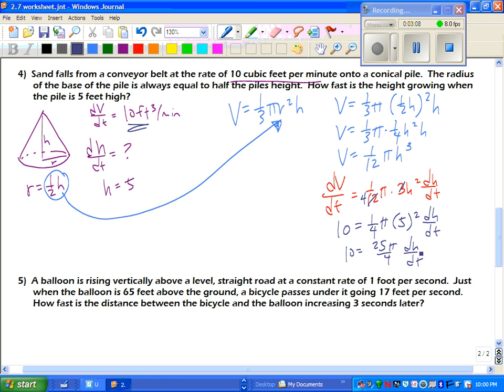So in order to go ahead and solve for dh dt, we're just going to multiply both sides by the reciprocal of this, so times 4 over 25 pi. So dh dt equals 40 over 25 pi.